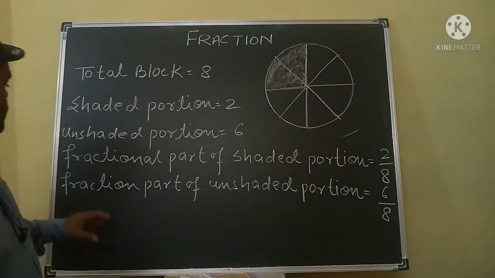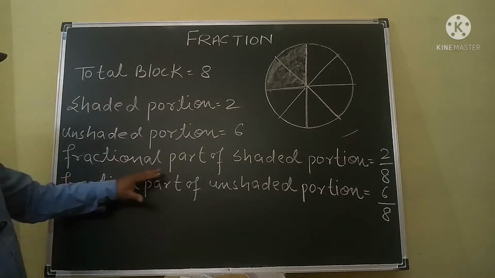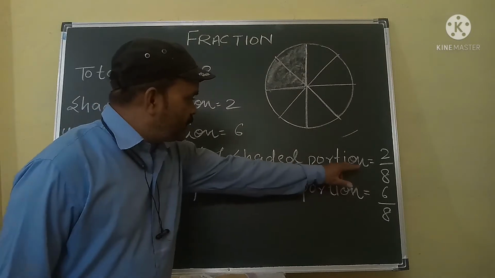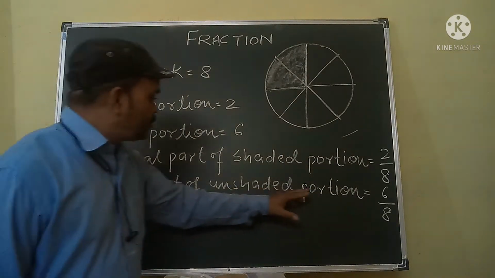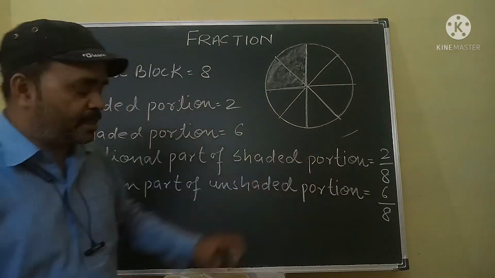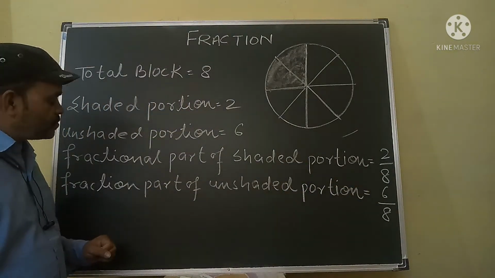Okay, as you are looking, the fractional part of the shaded portion is 2 upon 8 and the fractional part of the unshaded portion is 6 upon 8.